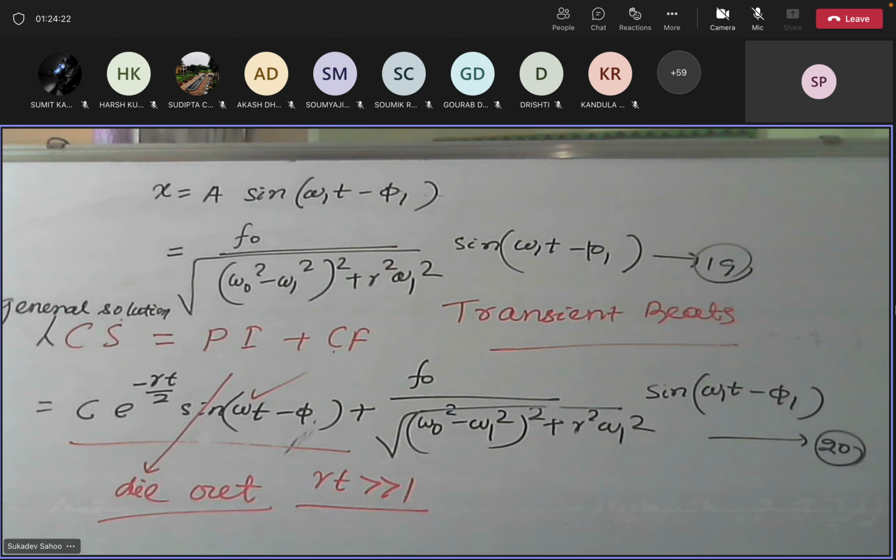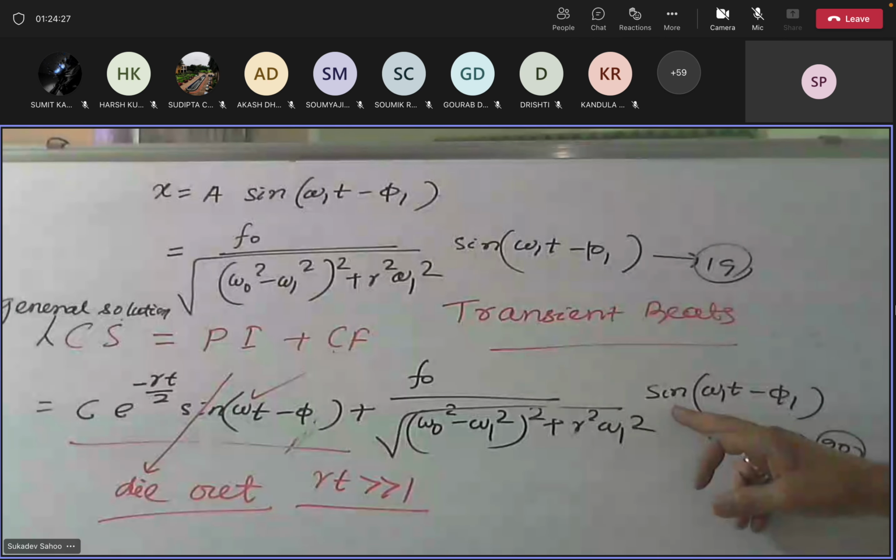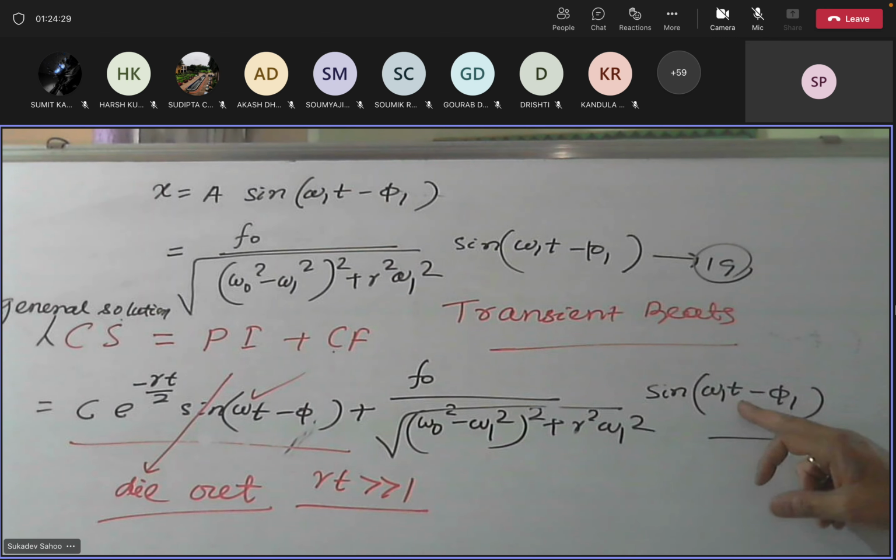The motion of a forced oscillator is harmonic due to the presence of a sine function at the angular frequency omega 1 of the external driving force.